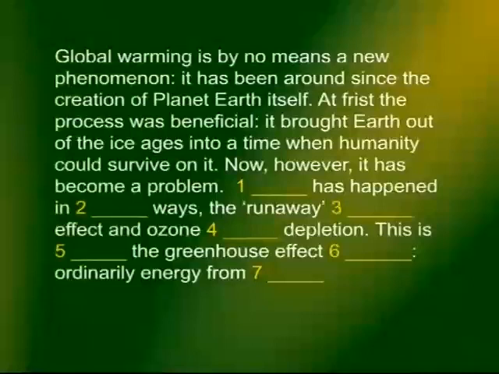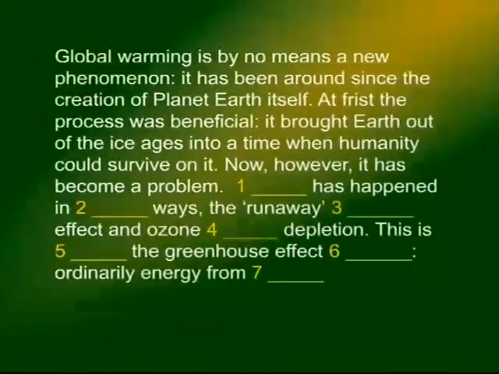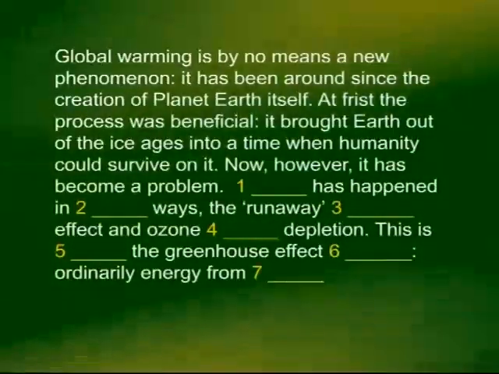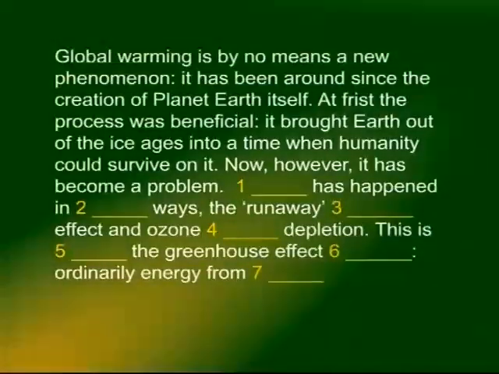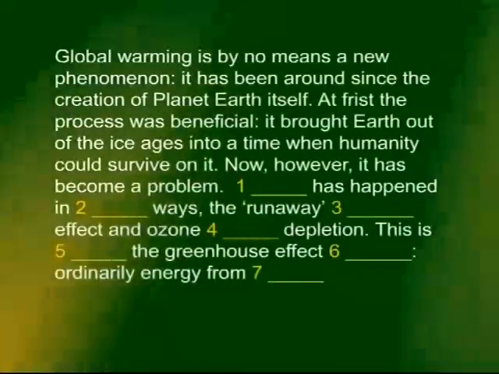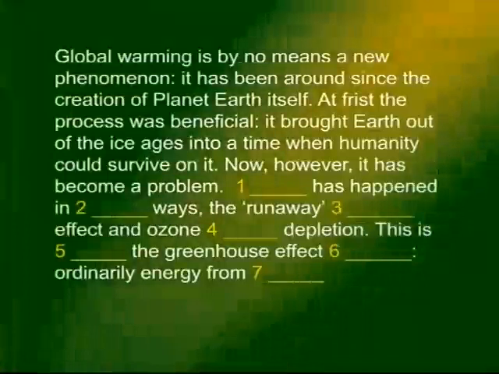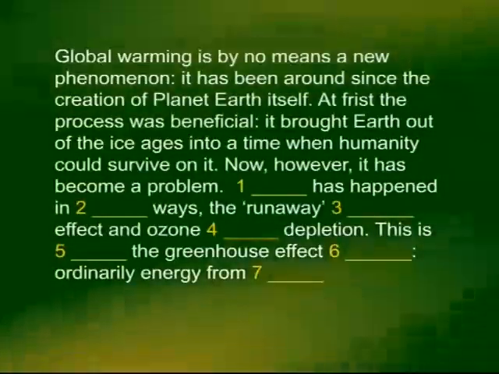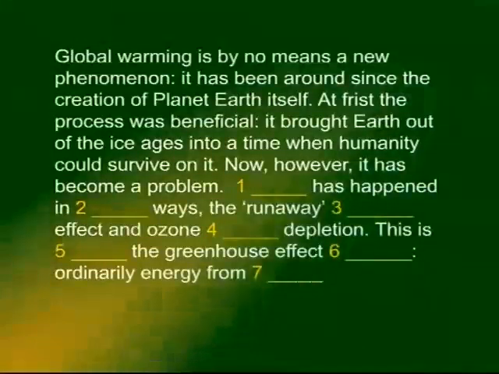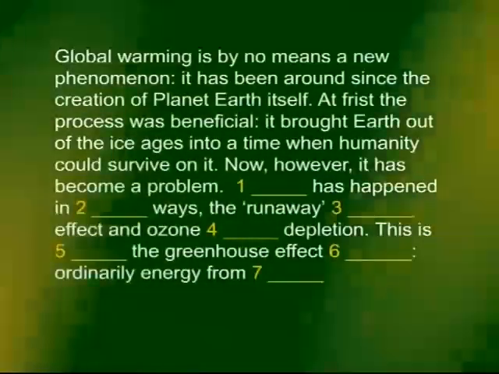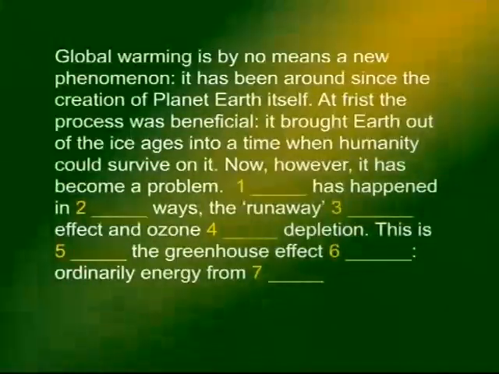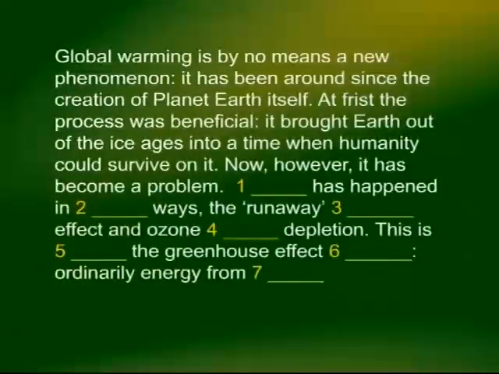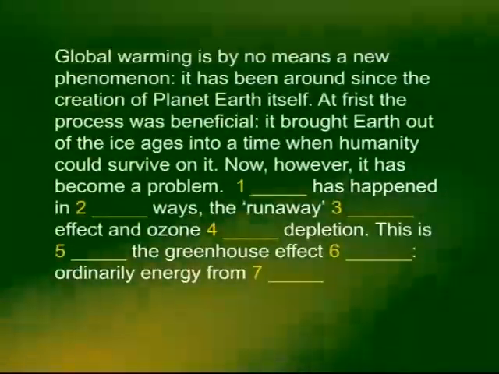Dash has happened in ways. The runaway effect and ozone depletion. Now, if you've been reading papers and magazines, because these are very common words, the first gap will be filled with the word this, because this refers back.